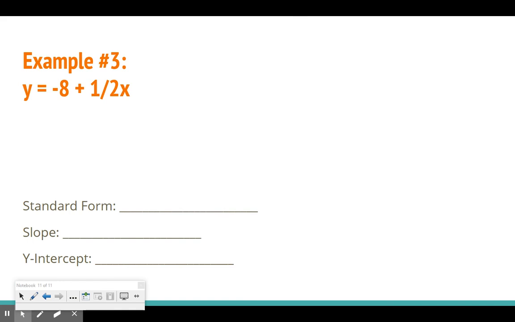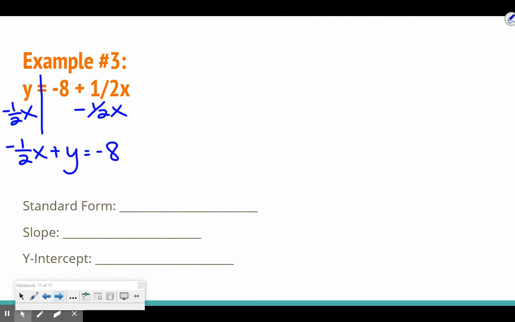Example number 3. Okay, we're going to follow the same thing. We want to move the x over, so I'm going to subtract 1/2 x. Okay, so I have negative 1/2 x plus y equals negative 8. Now notice that my a value is negative, so we have to divide each term by negative 1 to change it into positive.